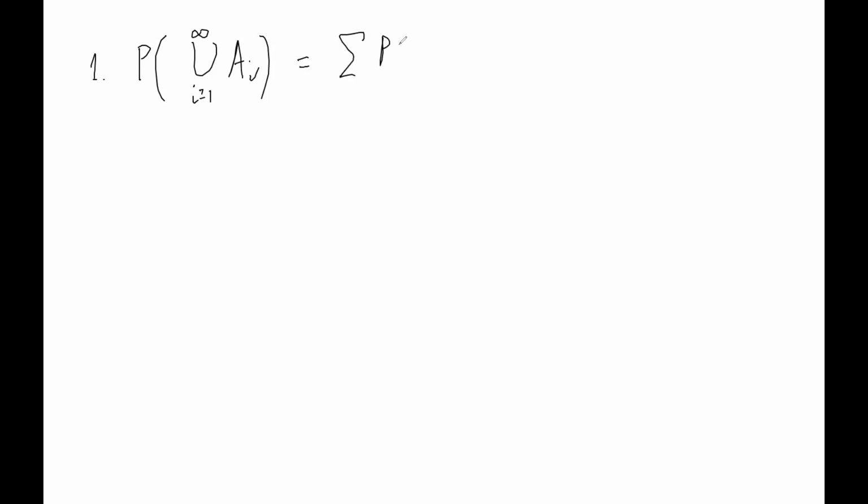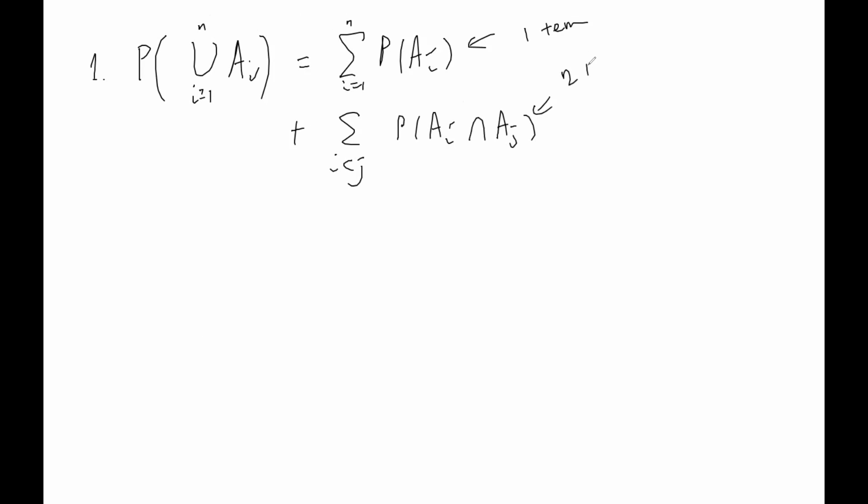First you have the individual ones. Sorry, so I just use n first. This is like one term, and you add the sum over i less than j of A_i intersect A_j. So this starts to have two terms.